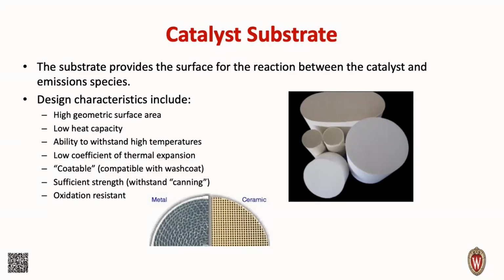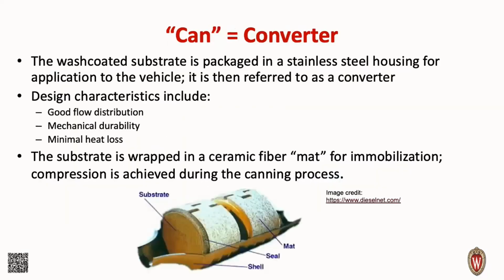You don't want it swelling outside of the can material. It has to be able to withstand high temperatures for exhaust. You need it to be oxidation resistant so you don't burn it up in the exhaust. It needs to be strong. You need to be able to paint the wash coat onto it or slurry the wash coat onto it. So those are all things that we have to take into account when we're planning a substrate.